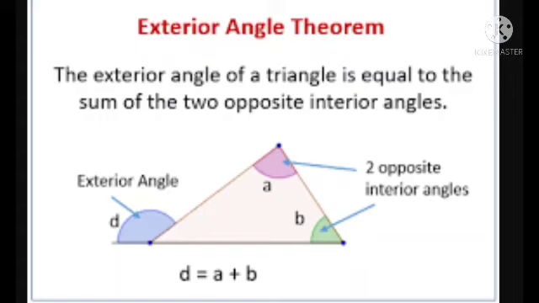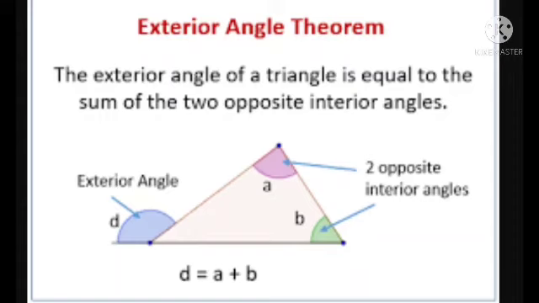The exterior angle property states that the exterior angle of a triangle is equal to the sum of the two opposite interior angles. Here the exterior angle is angle D and the interior angles are angle A and B. So it states that D will be equal to the sum of A and B.